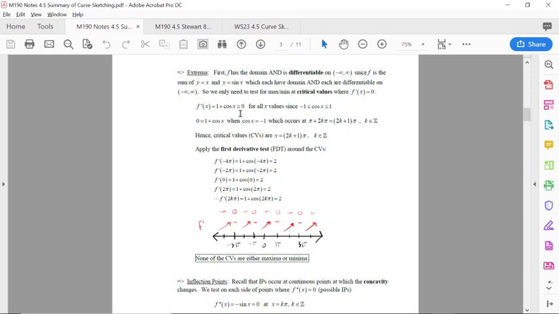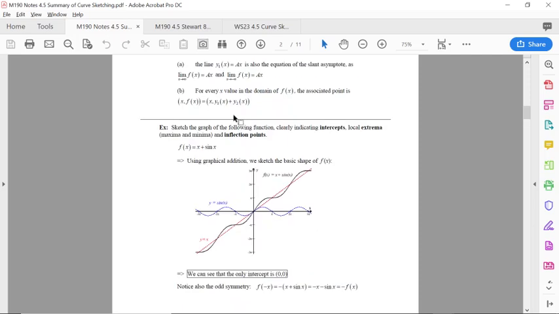And that's essentially testing for increasing and decreasing nature around the critical values. So we're going to plug in values on the subintervals of the domain, of which there's an infinite amount. But we do have a periodic portion of this function, and that's going to help us here as well.